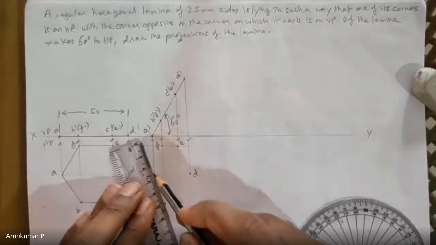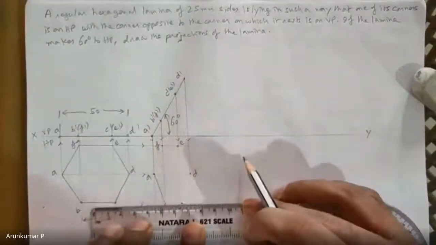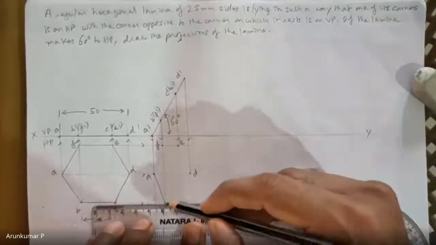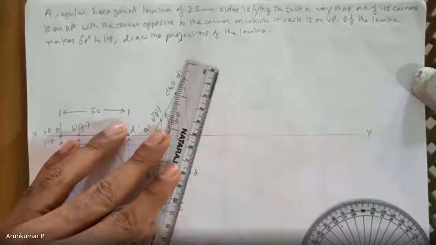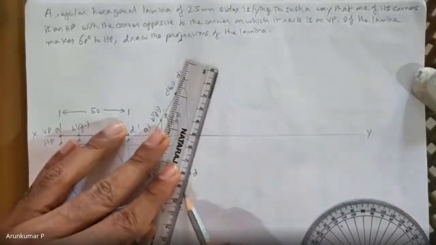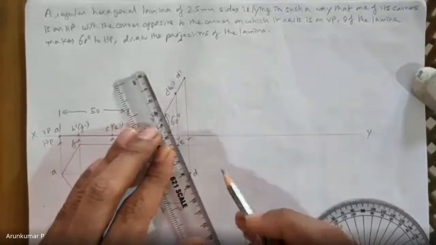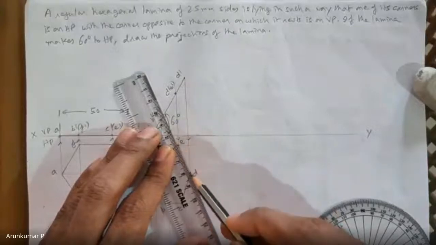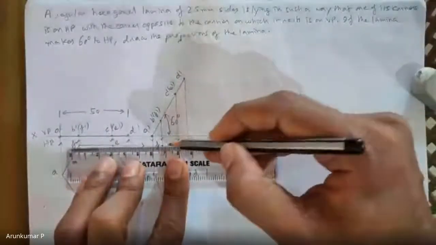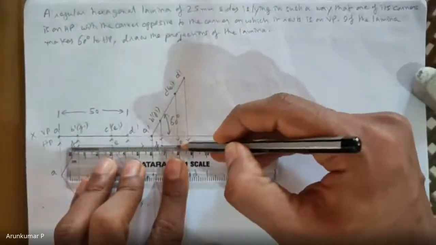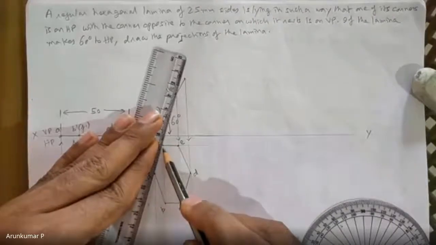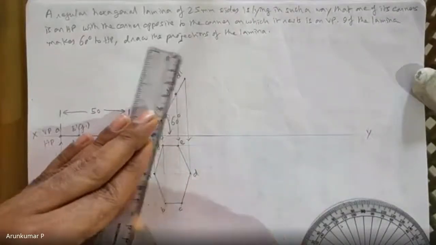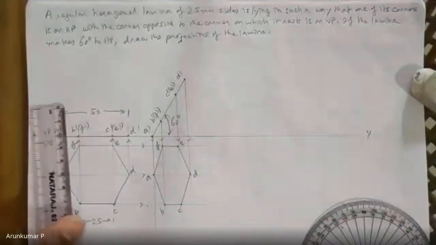You will get a shrunk polygon, a shrunk hexagon, you can say, or a polygon having six sides in the second step top view. This clearly indicates that due to the inclination to HP, the hexagon is no more in its true shape in the top view.